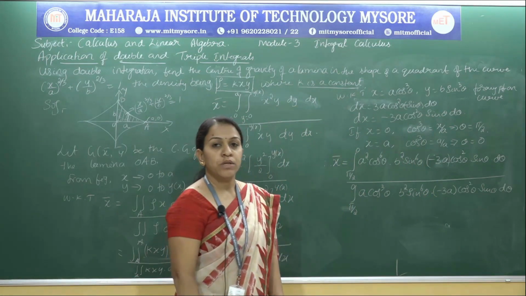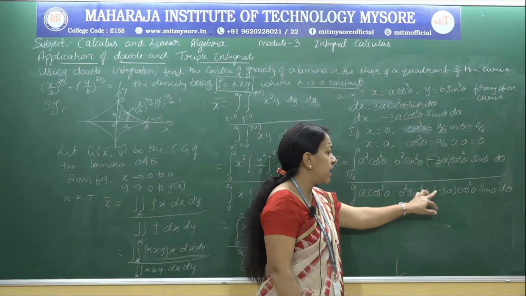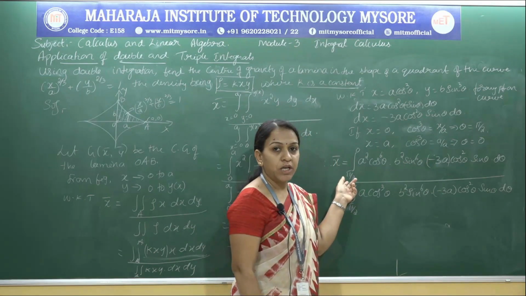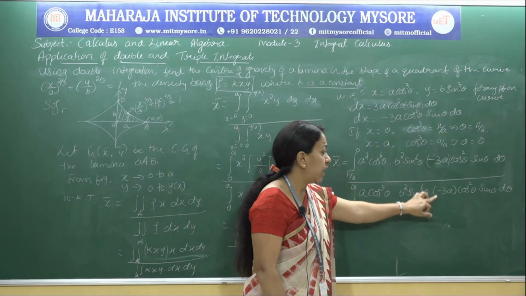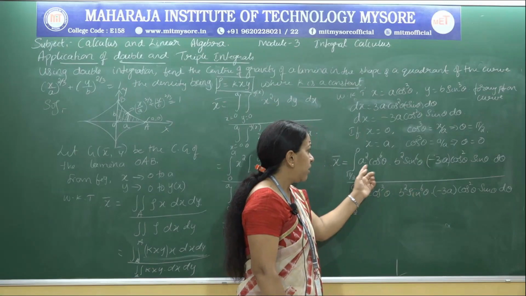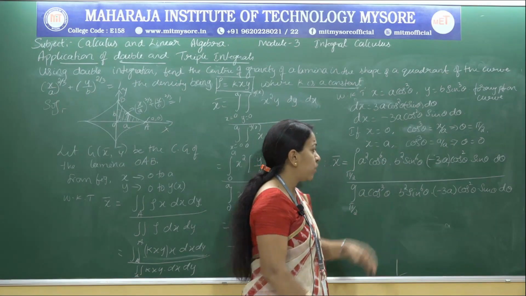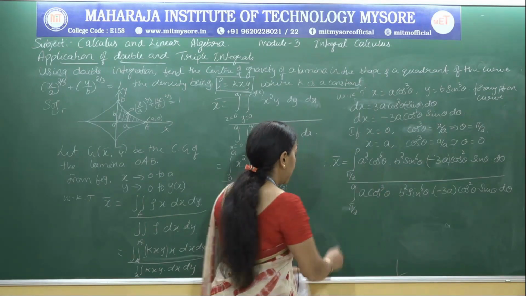Now before integrating, simplify this. Since we have a minus sign in both integrals, I can interchange the limits of integration to remove the minus sign, and also cancel 3a, and take a square b square common in the numerator and a b square in the denominator, so that b square gets cancelled and we remain with only a.